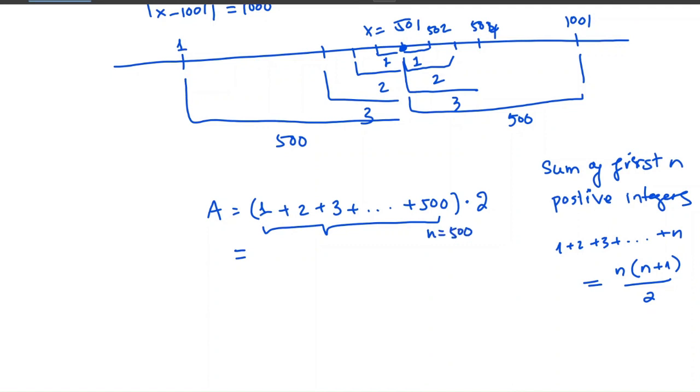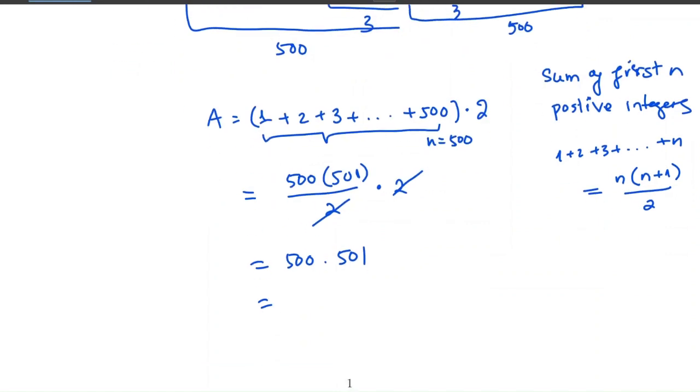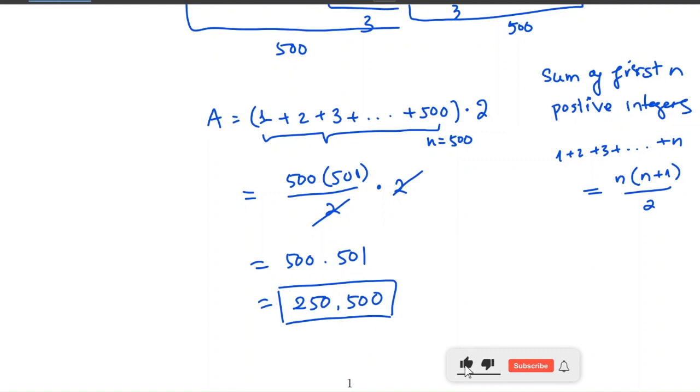The sum here will be 500 times 501 divided by 2, and multiply by 2. Then the 2 and 2 cancel. This will be 500 times 501, and the answer for this one is 250,500.